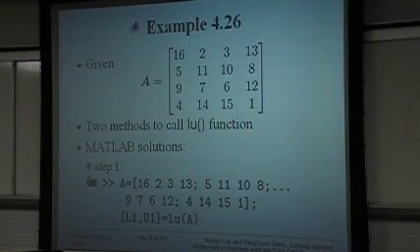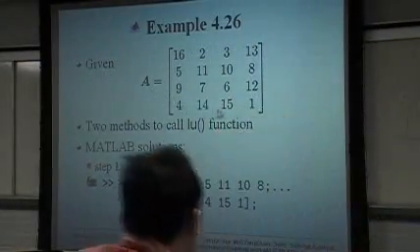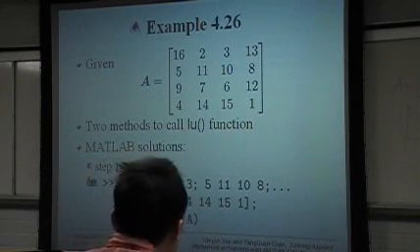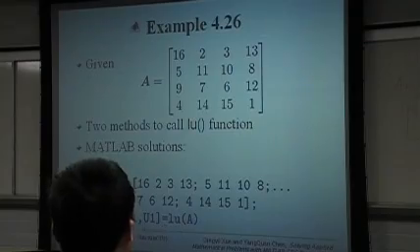Let's consider the first example. How can we decompose the original matrix into two triangular matrices? Suppose this is matrix A, and we call the LU function, and we get two matrices L1 and U1.